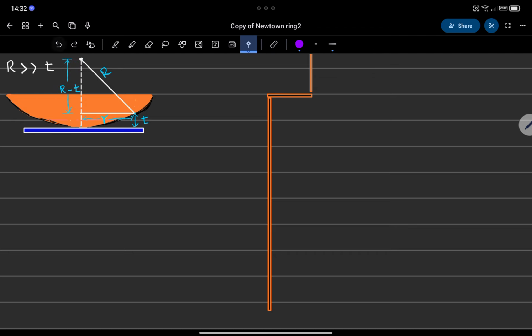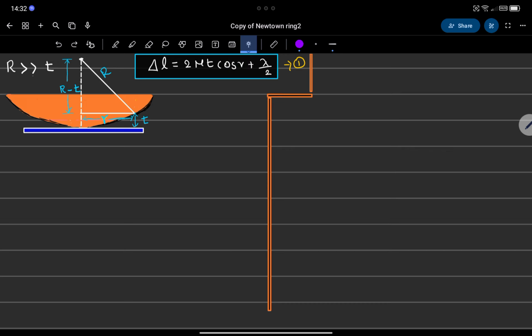So we know for a thin film of uniform thickness, the path difference between two rays that are reflected from the top surface of the thin film and from the bottom surface is 2 mu t cos r plus lambda by 2, where lambda is the wavelength of incident light, mu is the refractive index and r is the angle of refraction.